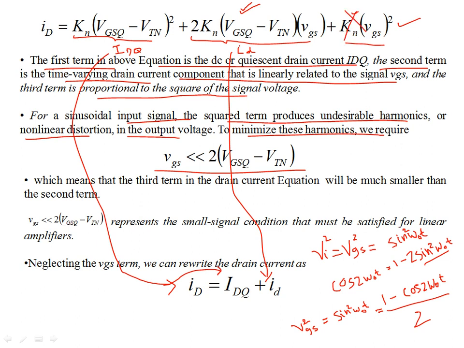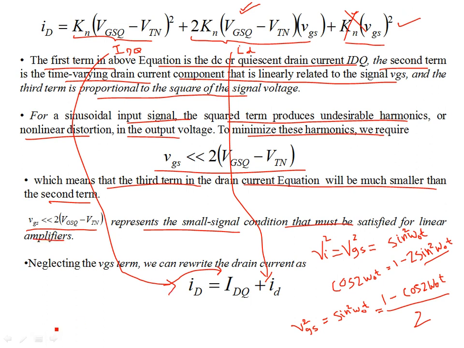We don't need this term, which means that the third term in the drain current equation will be much smaller than the second term. So VGS much less than twice VGSQ minus VTN represents a small signal condition that must be satisfied for linear amplifiers. Otherwise, you don't have a linear amplifier.